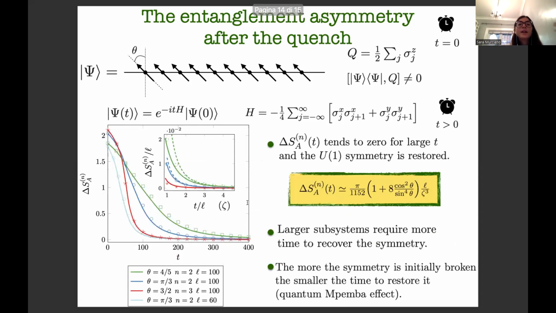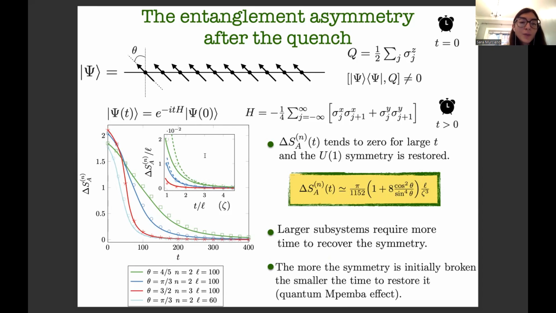By doing the integral of these charge moments, one then recovers the entanglement asymmetry according to the recipe I showed you before. And in this plot, I show again a comparison between our analytical predictions, the solid lines, and the numerical results corresponding to the symbols.